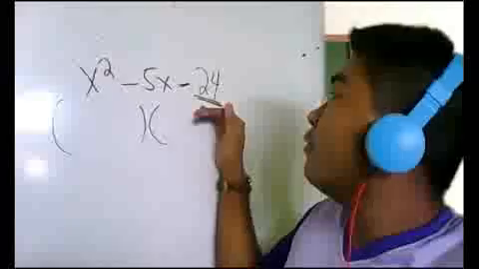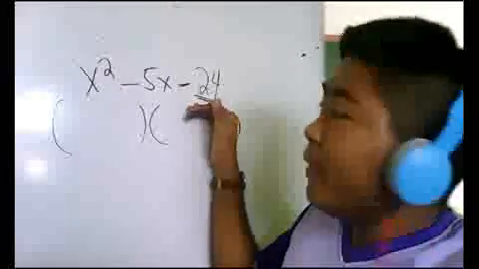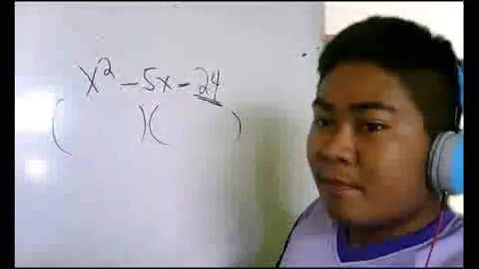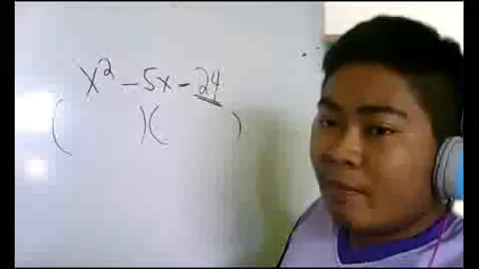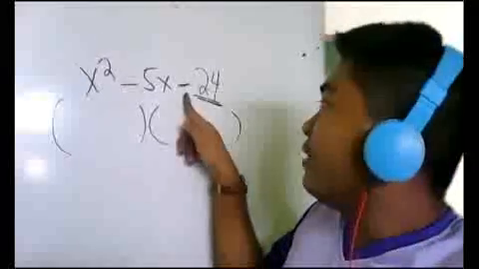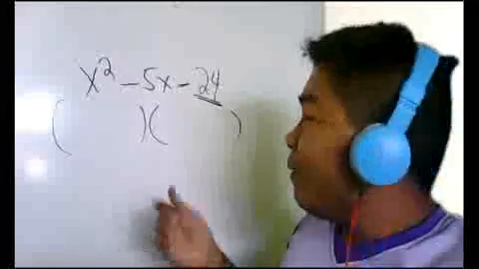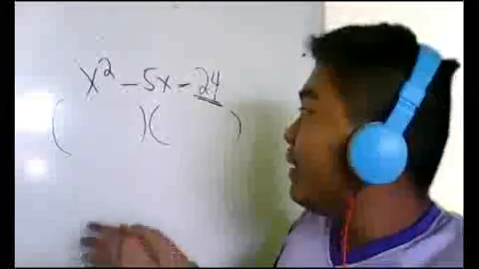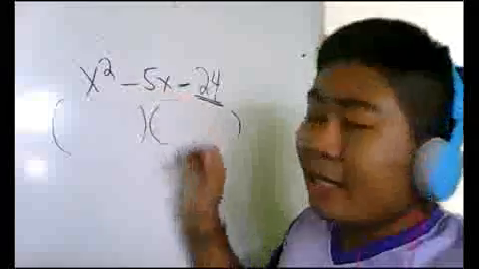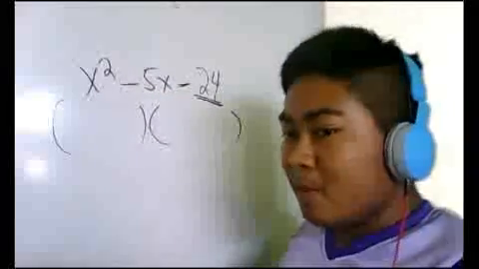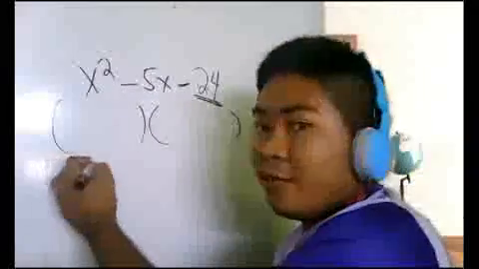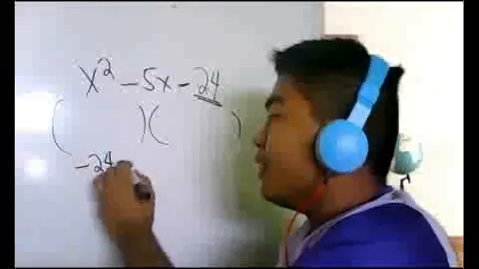So, yung factor ni 24 na pag pinag-combine mo, magiging gitna. So, since this is negative, ano yung two numbers natin na pinag-multiply natin to get negative 24? So, let's try to factor negative 24. Ano ba yung mga factor ni negative 24?